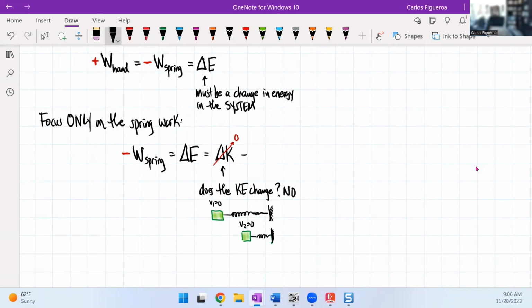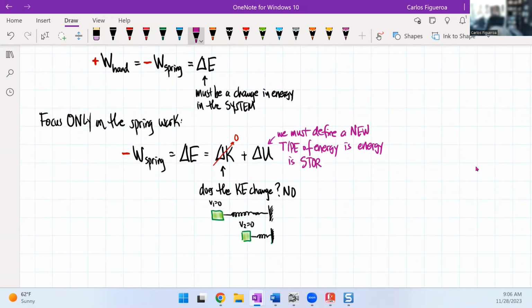The only way we can store any energy is if we define a new type of energy. So what this is telling us is that we must define a new type of energy, since energy is stored work.